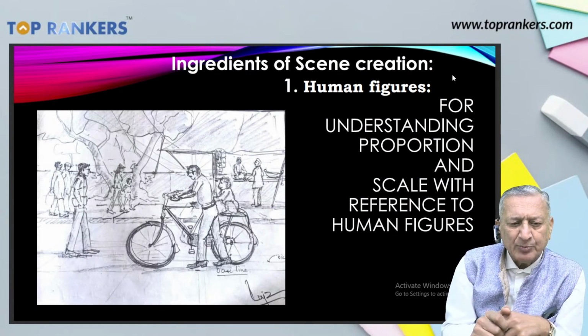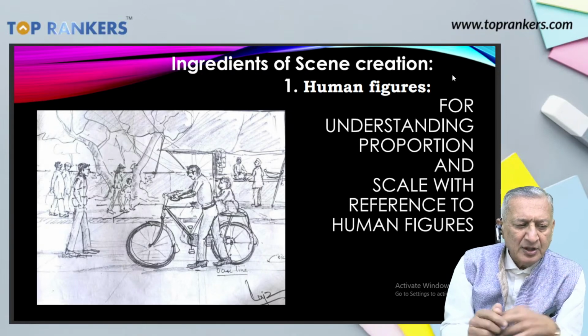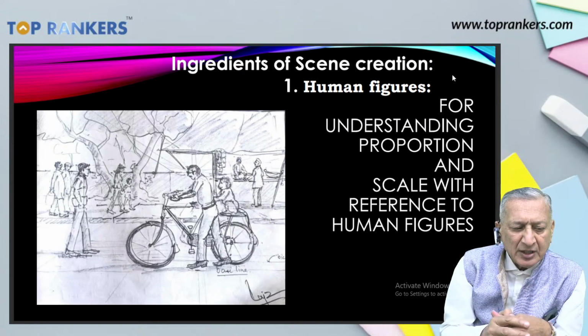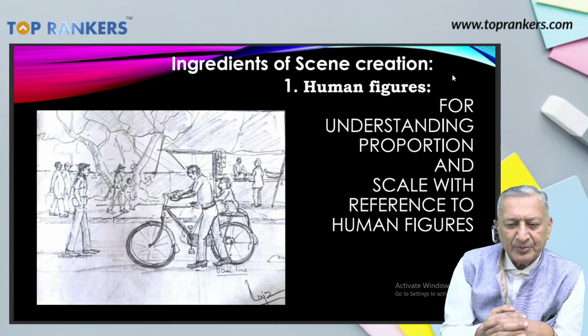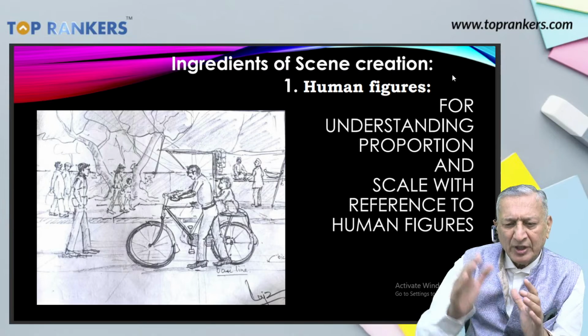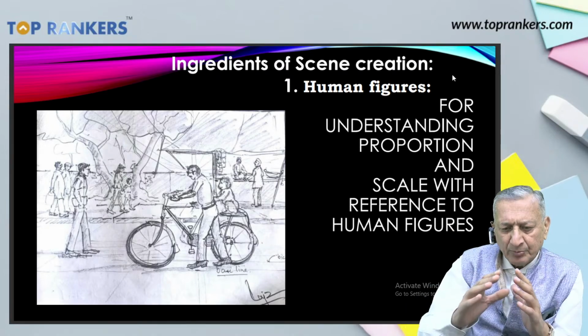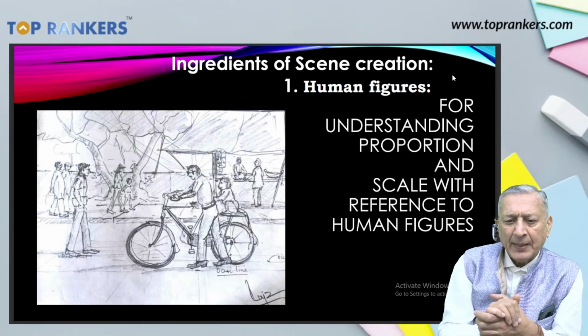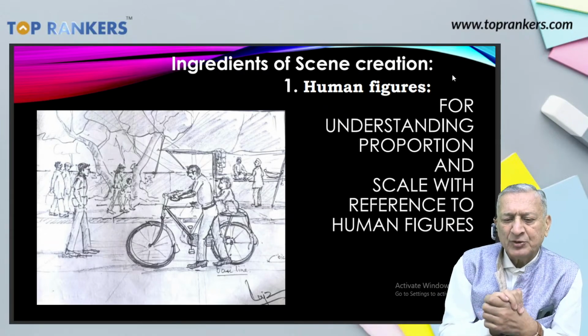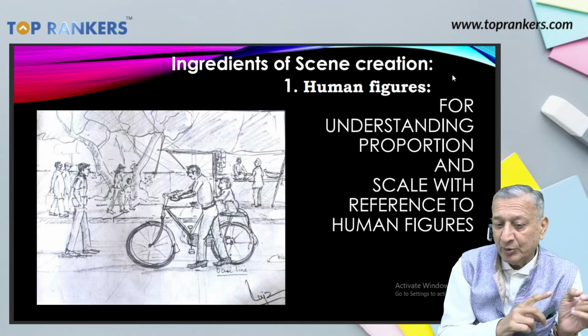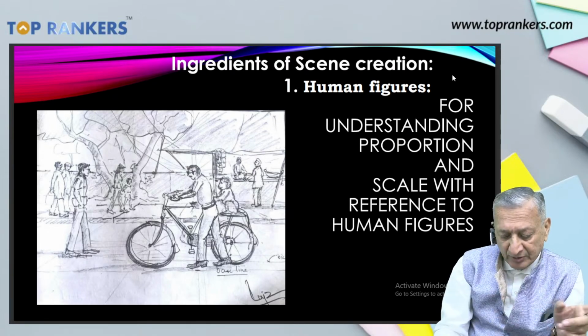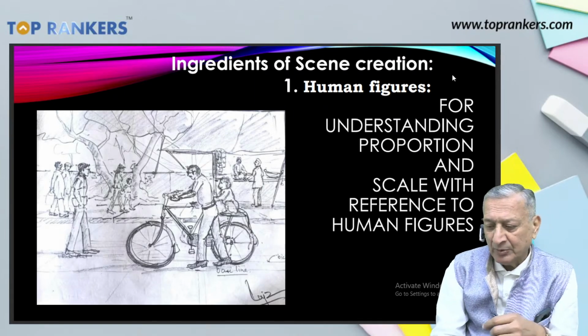For understanding proportion and scale with reference to human figures, here is one of the samples, including a bicycle along with a guy and a monkey sitting at the back seat of it. So, this is how you can have a proportionate understanding, a proportionate presentation in any drawing, and score much better. And remember the fifth point, the perspective, on which I'm going to come with a real presentation.